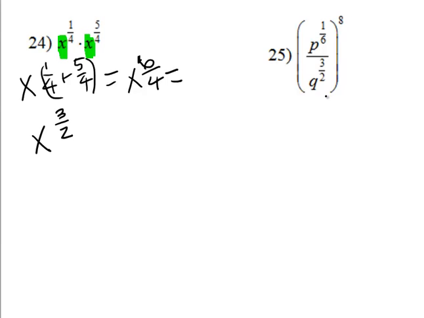Now, this one is a little bit different. There's a couple of things you need to pay close attention to. First of all, this base and this base are different. So you're not going to do anything involving the exponents in the denominator or the numerator. What you are going to do, though, is multiply this exponent here by the 8.